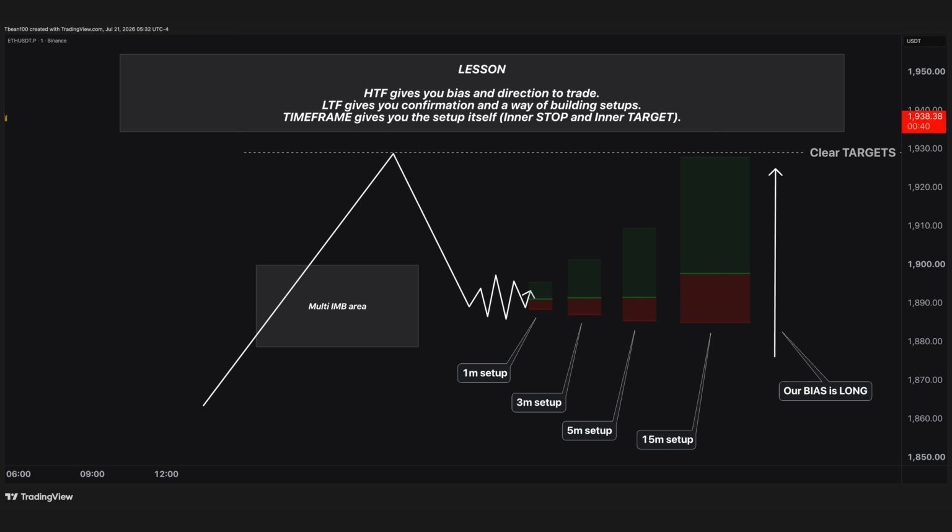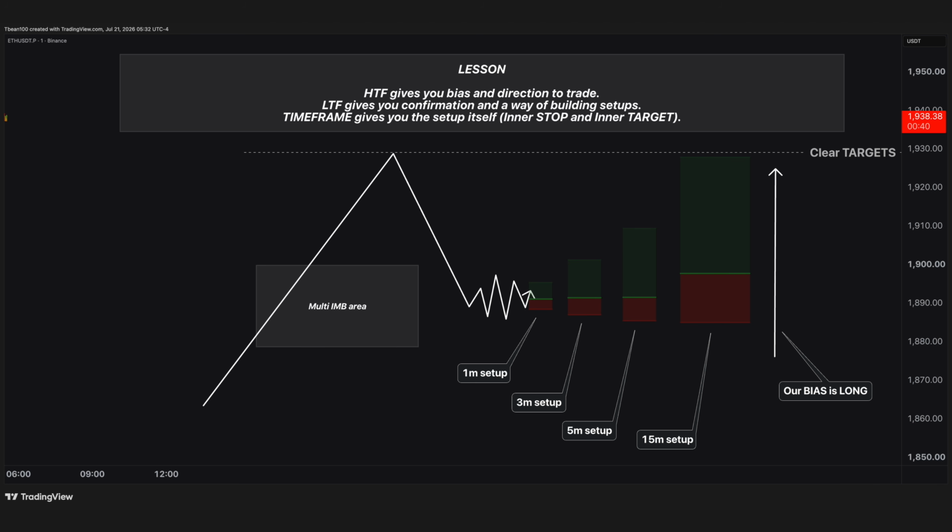So, today's lesson is very important and direct. High time frames give you your bias and possible directions to trade because you find clear major targets and clear major entry areas. The lower time frames are great at confirming price action, inner trends, and ways of building your setups.